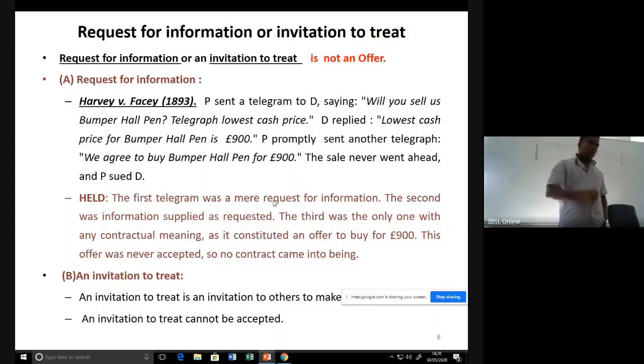So what was the decision? It was held that the first telegram was a mere request for information. The first telegraph sent by P to D is a mere request for information. Then the second was information supplied as requested.